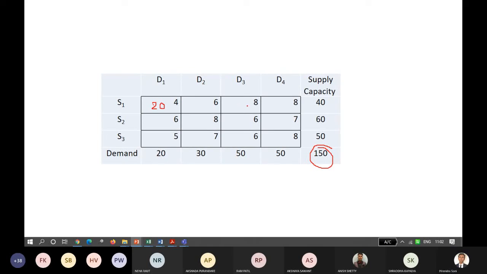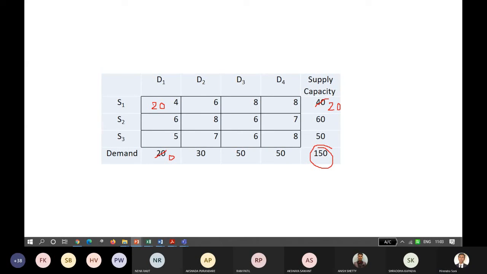The minute I supply 20 units to D1, the demand for D1 will reduce to 0. That means it will not have any more demand. At the same time, the capacity of S1 will reduce to 20.